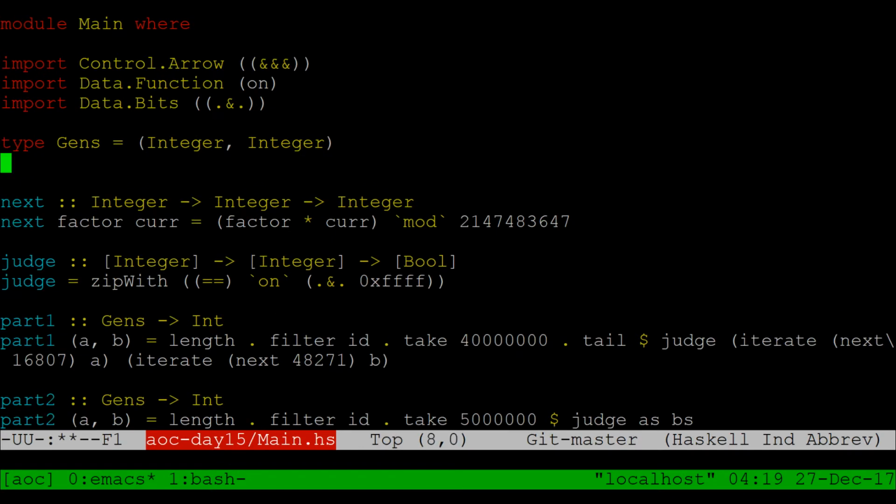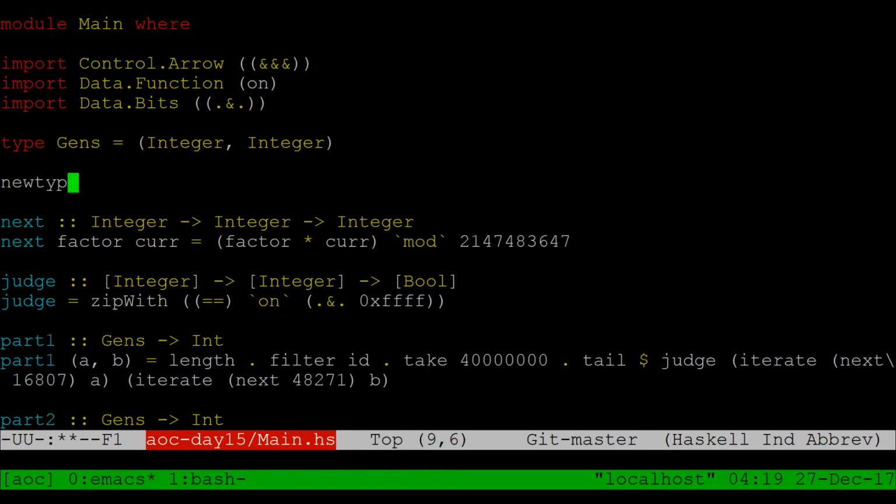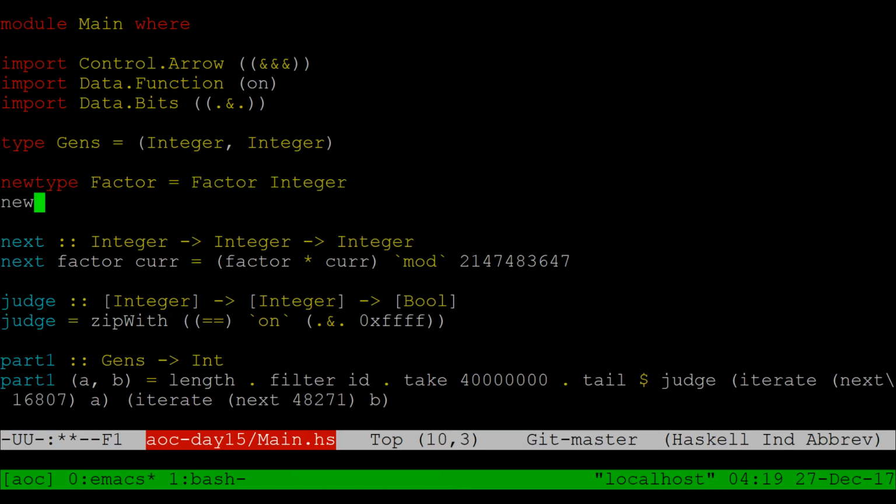So let's actually see what would happen if I were to define newtype Factor equals Factor Integer, newtype Seed equals Seed Integer. What happens if I do this? We take a factor and a seed. You know what? Forget the seed.